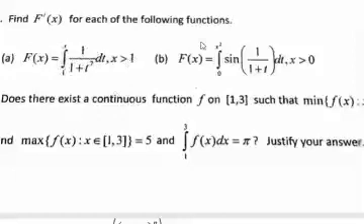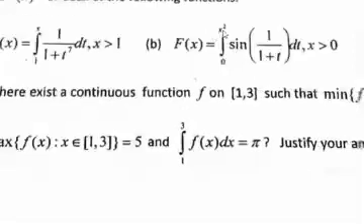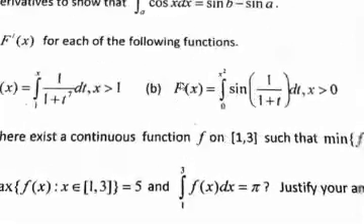Pretty easy, right? Definitely here you have x squared. So if you want to compute the derivative of this one, you have to use the chain rule, right? With the fundamental theorem of calculus.